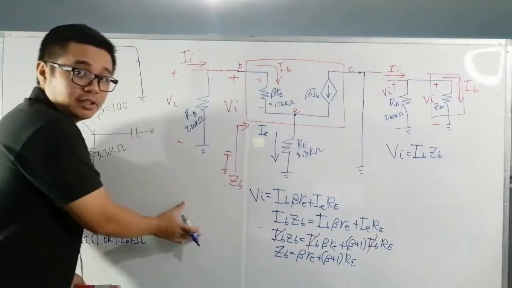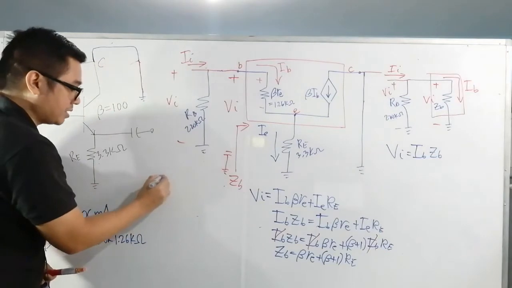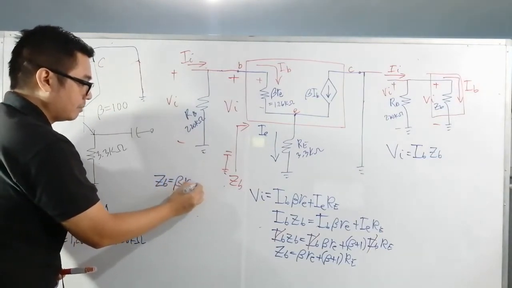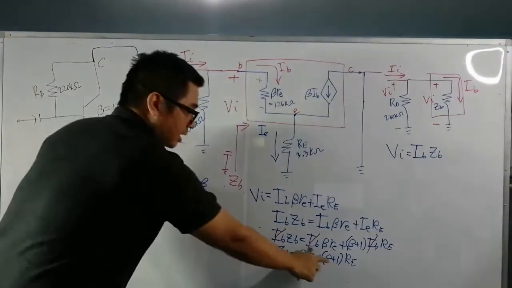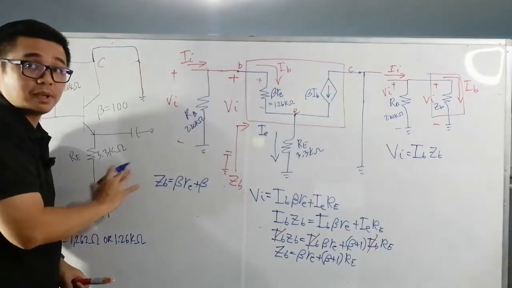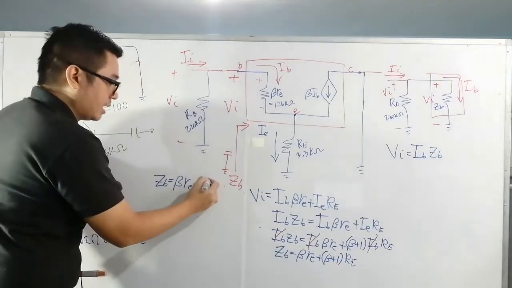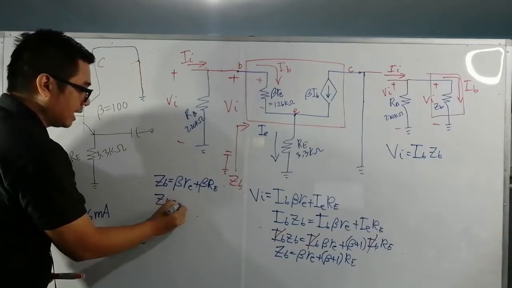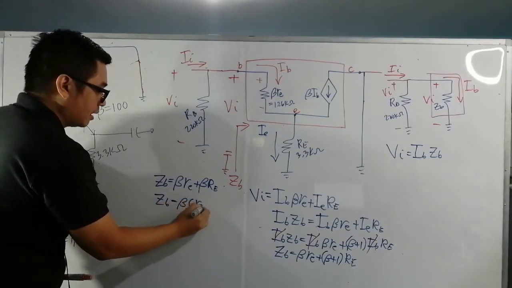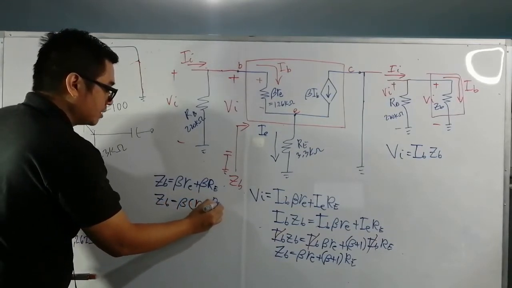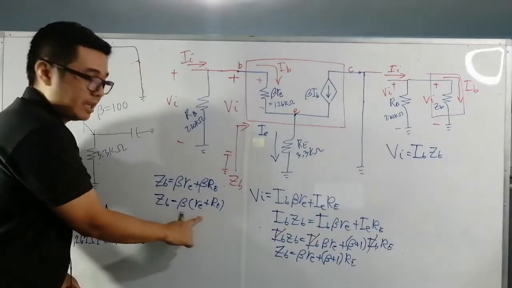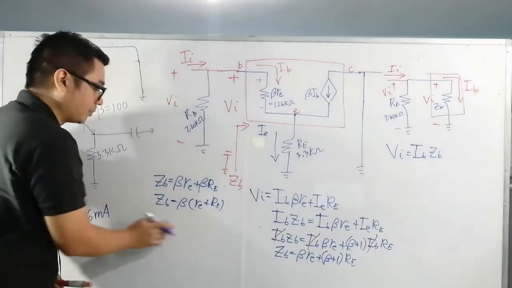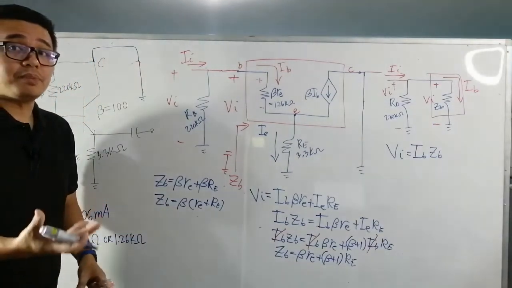So we have Z sub B is equal to beta RE plus beta times R sub E, approximately. We can factor out beta, times RE plus R sub E. So we have AC emitter resistance and the external resistor R sub E. So this is our equation to solve for Z sub B.